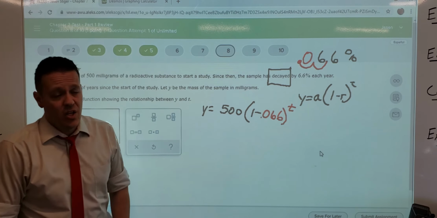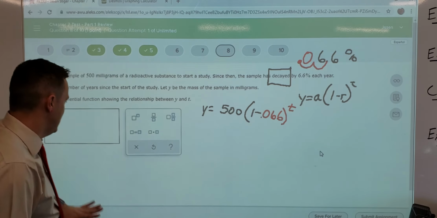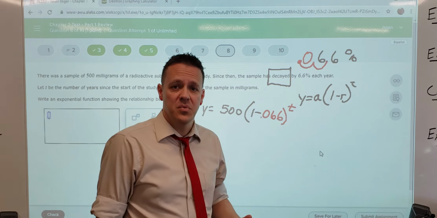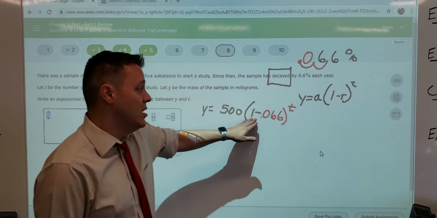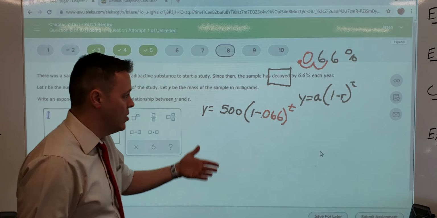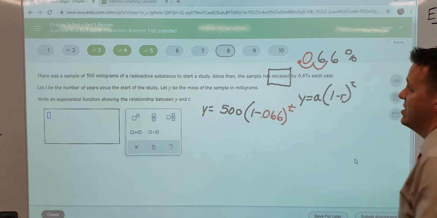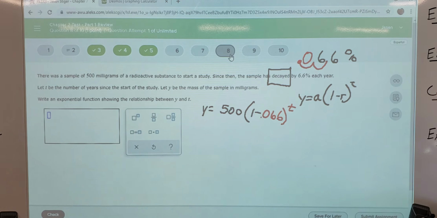Now you can enter this equation in here and get it right. You do not have to simplify it. If you want to simplify it, you can, it's up to you, but just enter it like that and you will get the right answer. I've already tested it twice today. I can test it again just to make sure I'm not lying to everybody.